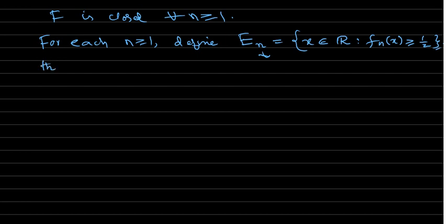That is, your En is actually the inverse image of the set fn inverse of [1/2, infinity), greater or equal to 1 by 2. Means that En is actually the inverse image of this set.